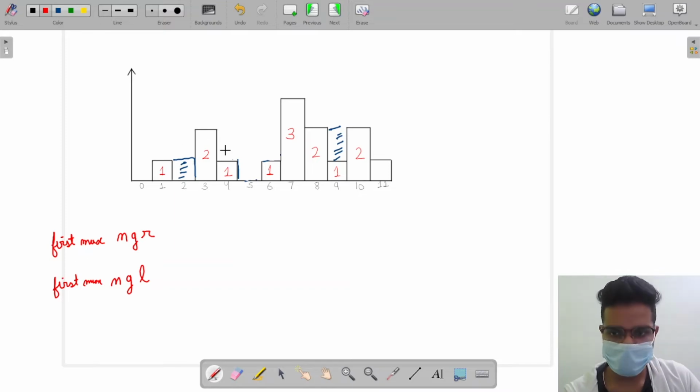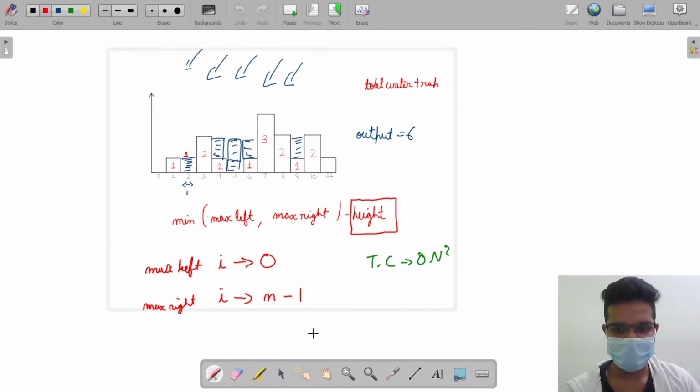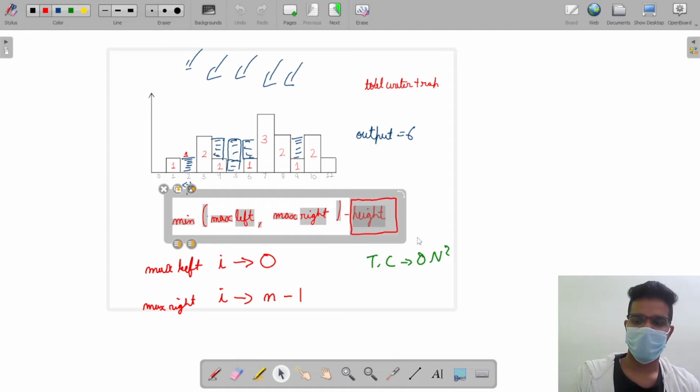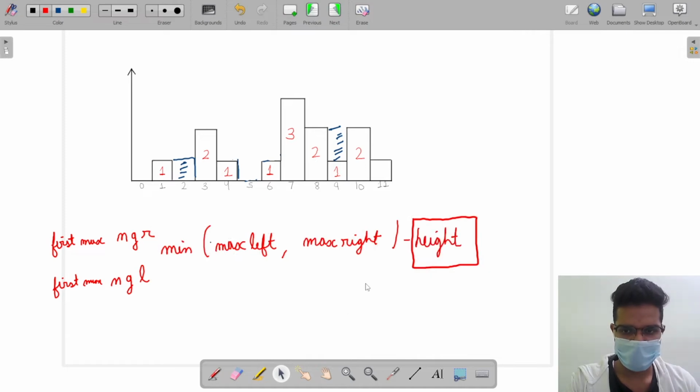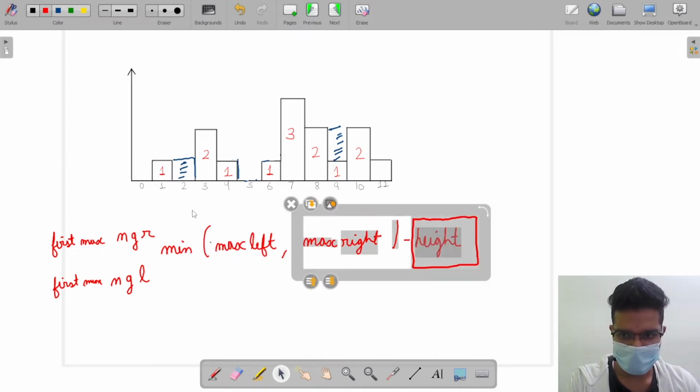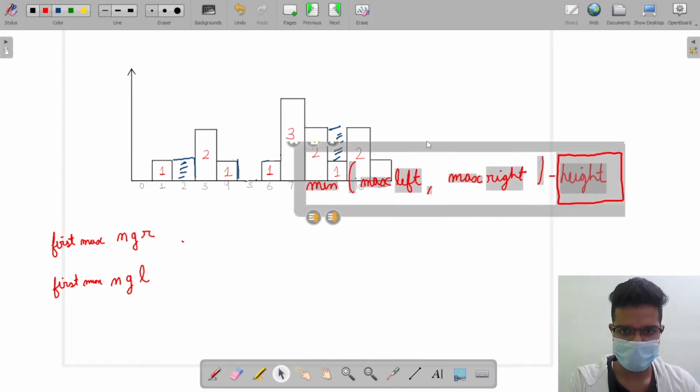So for 4th index, what is its right max? It's 3 and its left max is 2. So by using our formula that we have discussed several times, minimum of max left and max right minus our own height, right? So I copied it, our formula.